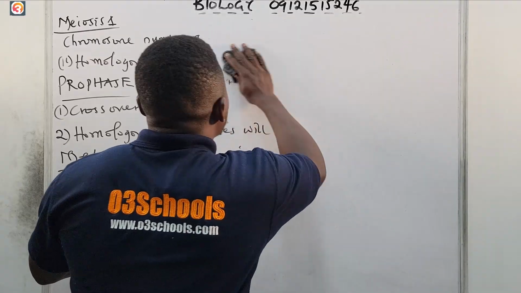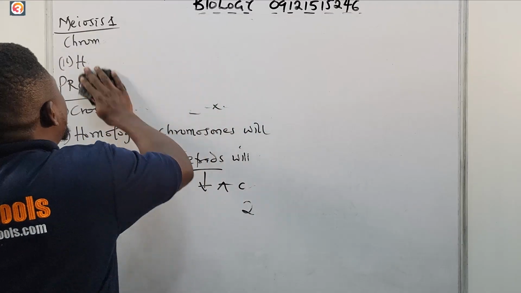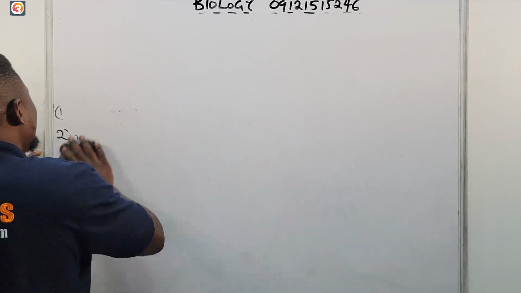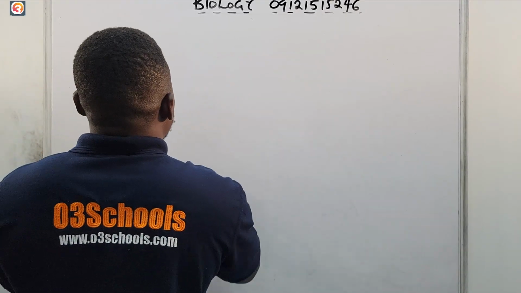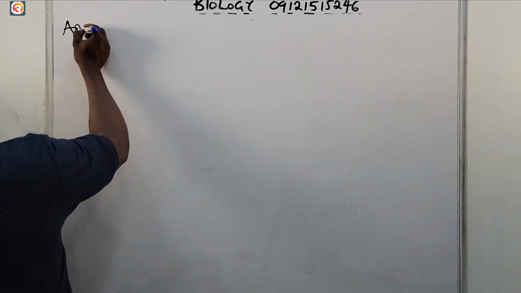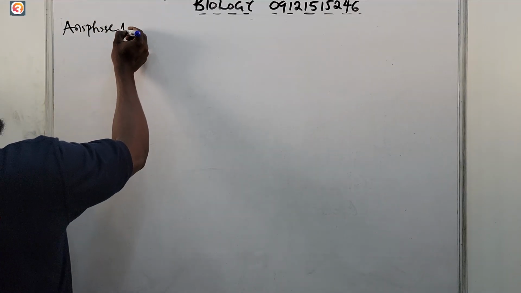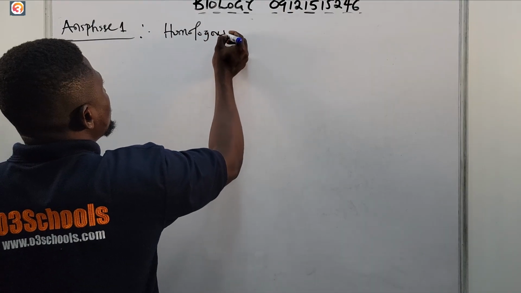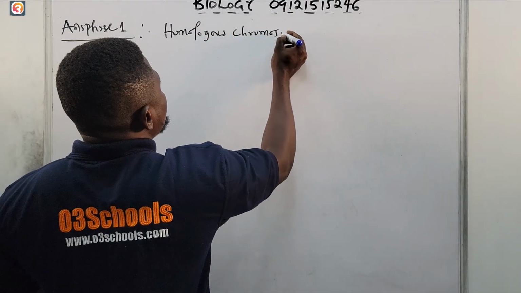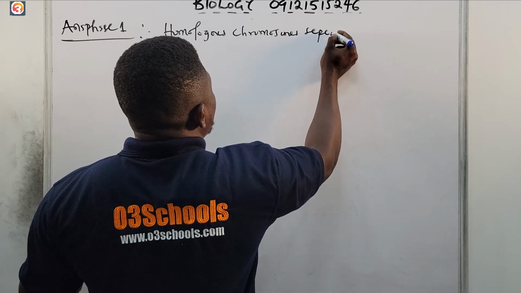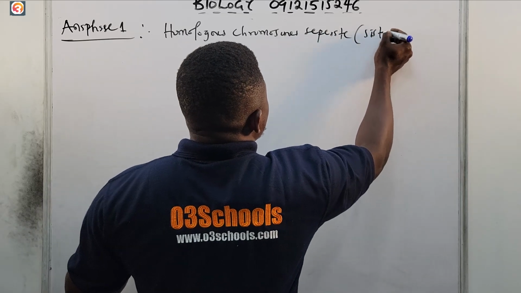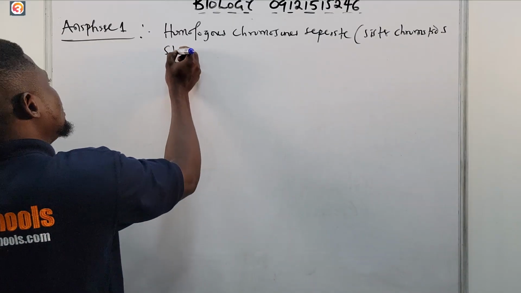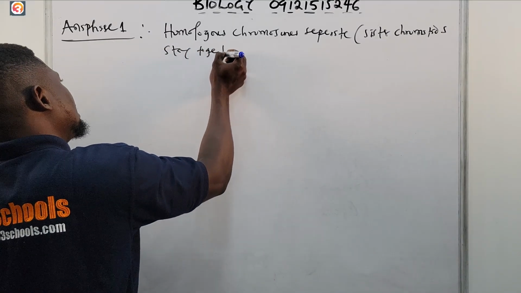So the homologous chromosomes separate, but the sister chromatids stay together. So in anaphase 1, homologous chromosomes separate, and the sister chromatids stay together.